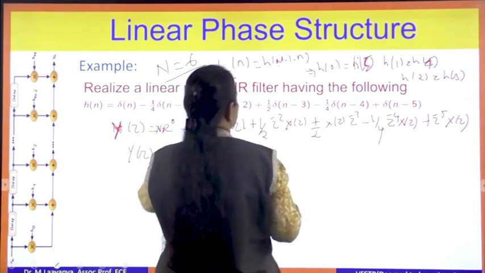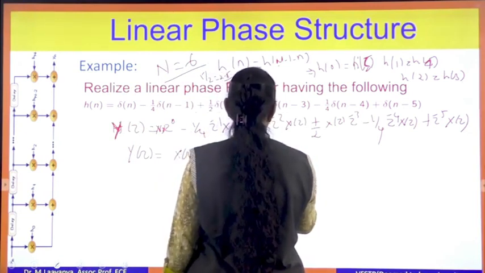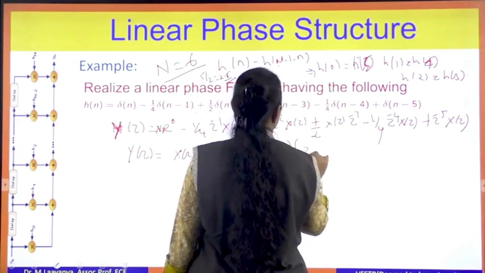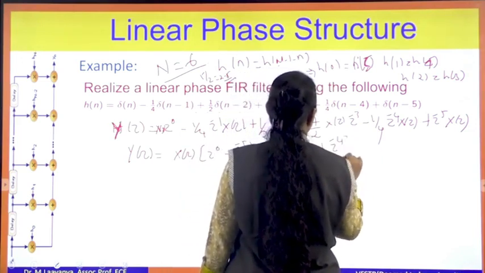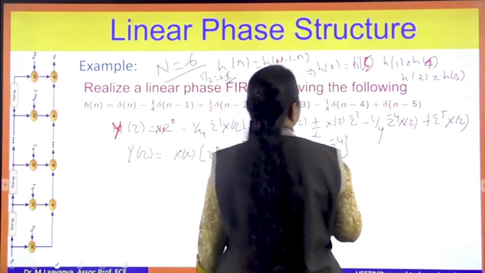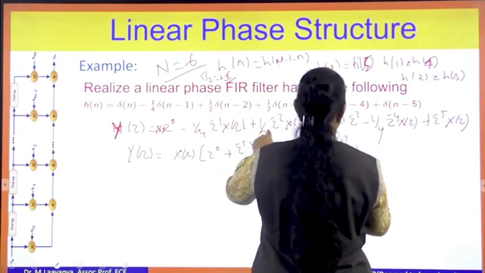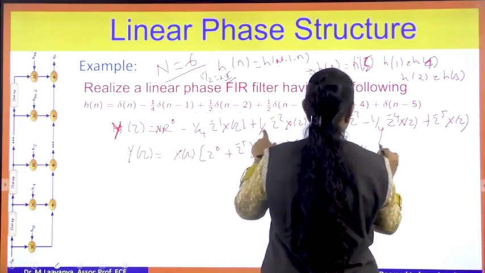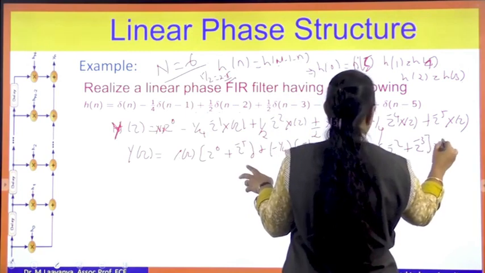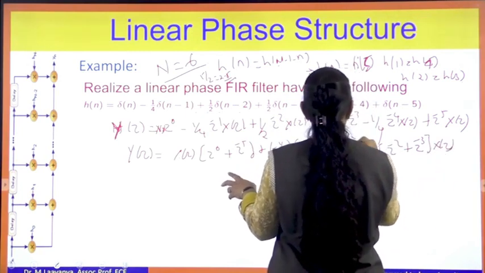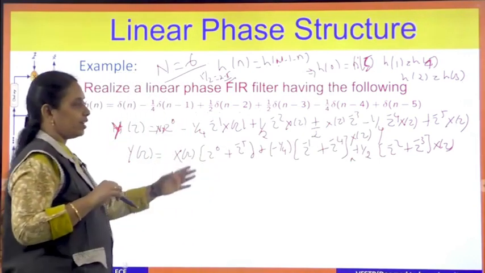The 1st value and 4th value are equal, minus 1 by 4 times z power minus 1 plus z power minus 4, and 2 and 3 are equal, z power minus 2 plus z power minus 3, times x of z. So this is my equation.